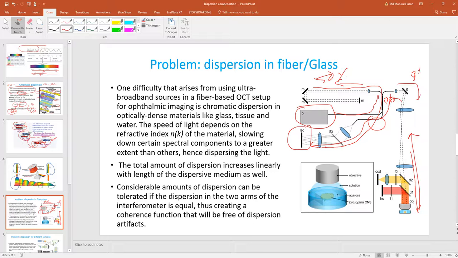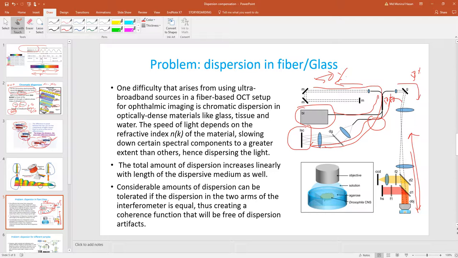That means in the reference arm and the sample arm path, the amount of glass or fiber is different, which means they are experiencing different amounts of dispersion, because as the glass amount is different, the medium is different.